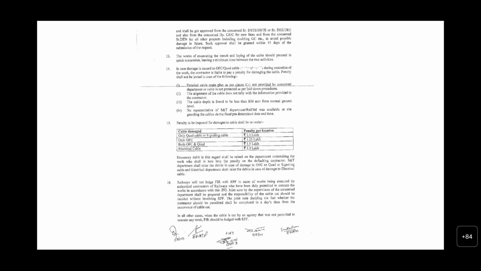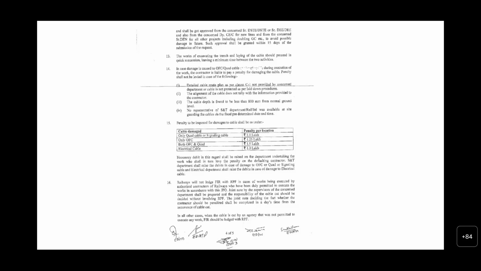Similarly, the second one is that the alignment of the cable does not tally with the information provided to the contractor. The third one is that the cable depth is found to be less than 800 millimeters from normal ground level. So the depth is properly to be checked and ensured.